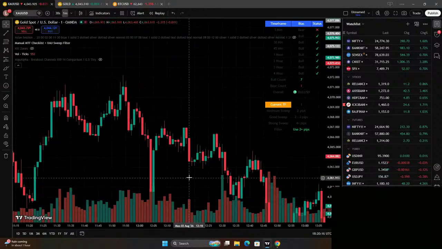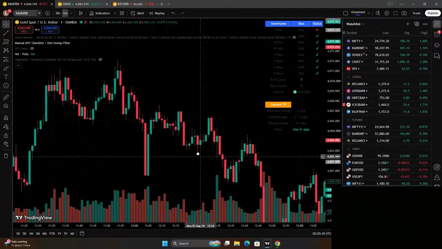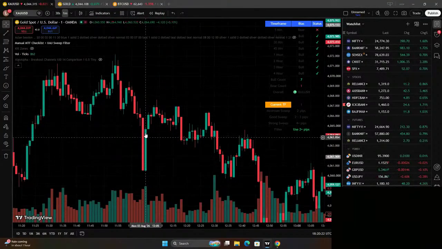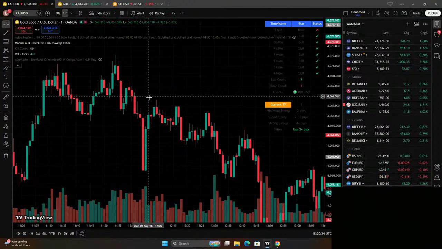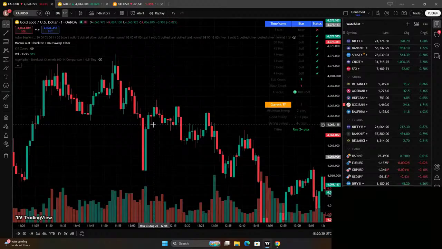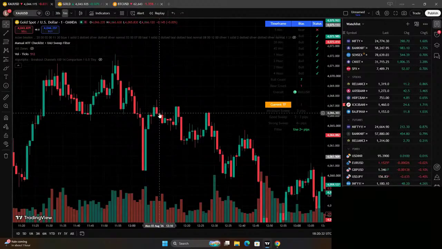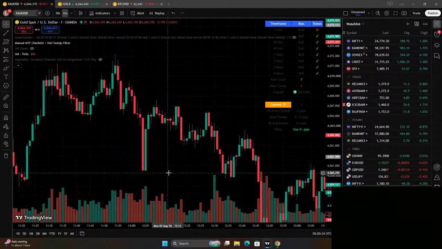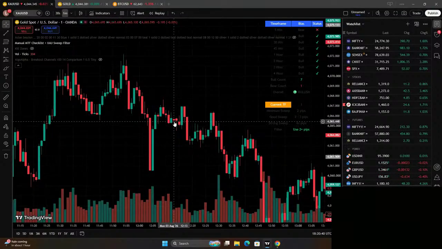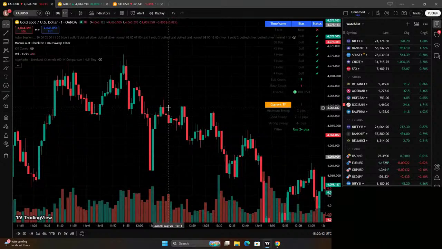Selling going on already. Okay, here buying came. Then selling came again over here. Okay, selling came, so we want to go for a sell trade.